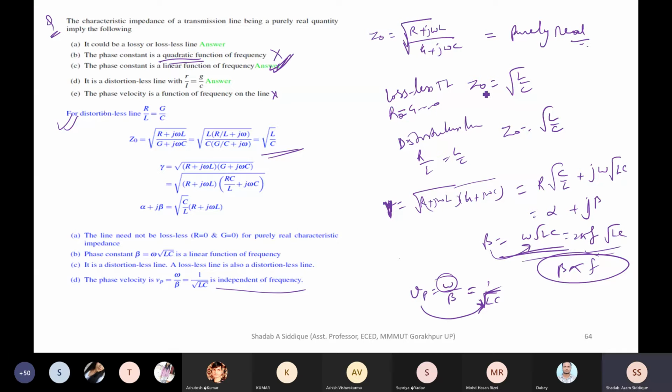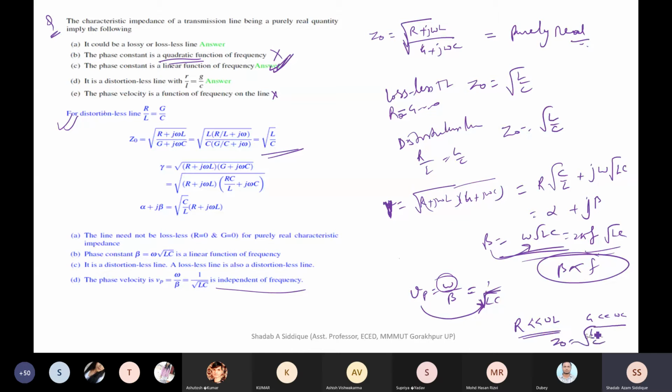For lossless, Z naught is equal to square root of L by C. For the lossy line also, we had the condition R is much less than omega L, and G is much less than omega C. And for this also we found Z0 is equal to square root of L by C.